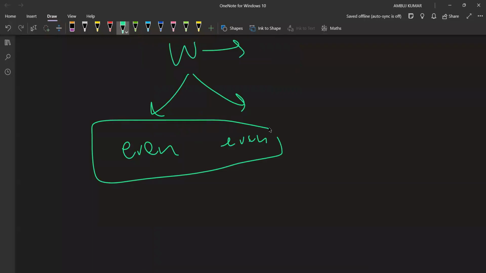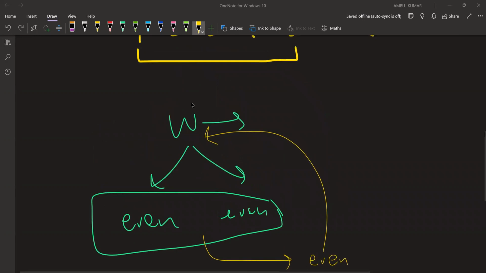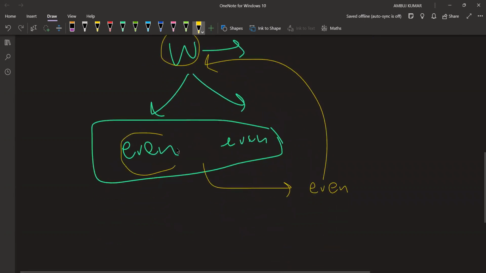So the first observation which came from this thing is, if both of them are even, then W should be even, because even plus even gives me even. Yes or no, guys? Yes, sir. So the first observation is, if my W is even, then I can always divide it into two even numbers.